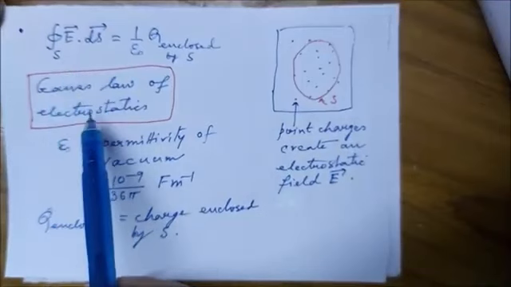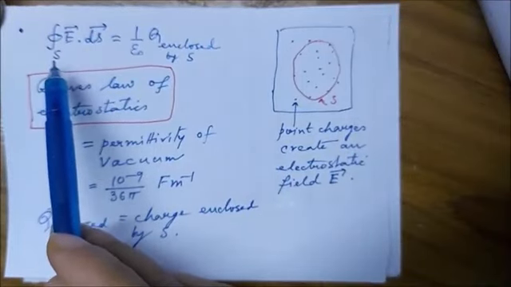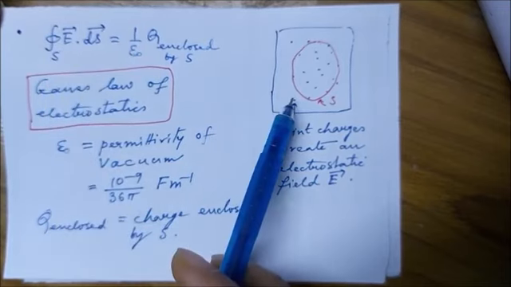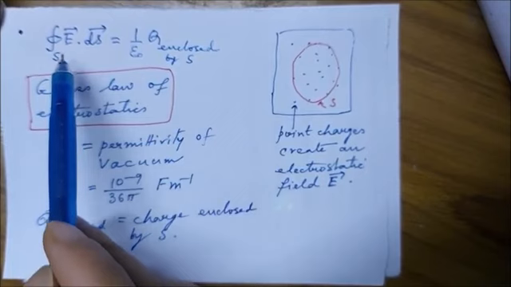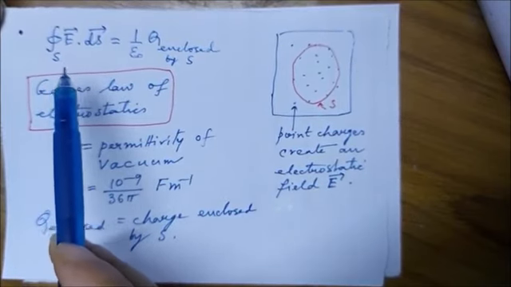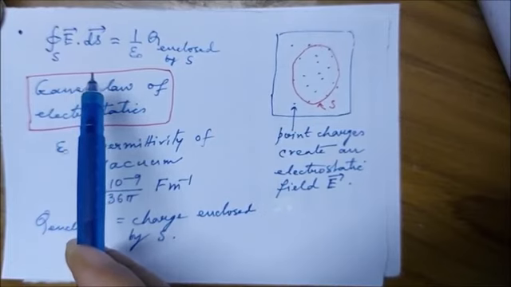Another example: if Gauss law of electrostatics gives the flux of vector E across a surface S in the electric field region, what will be the flux of magnetic induction across a surface in a region where there is magnetic field?